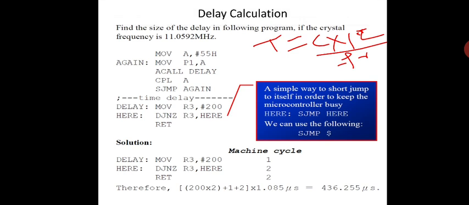Find the size of the delay in the following program if the crystal frequency is 11.0592 megahertz. Let me take a simple program for you to understand. First line: A will be copied with 55, and the content of the accumulator will be copied into P1.